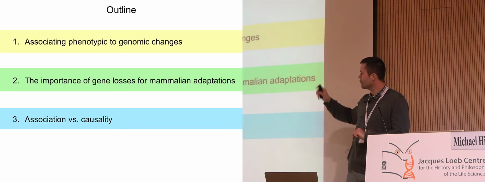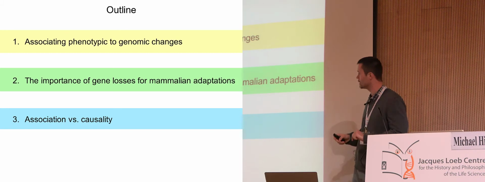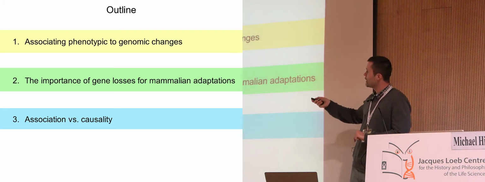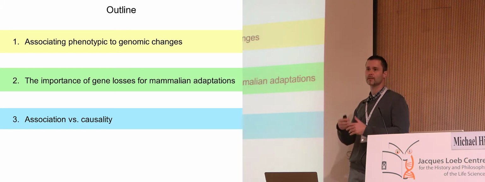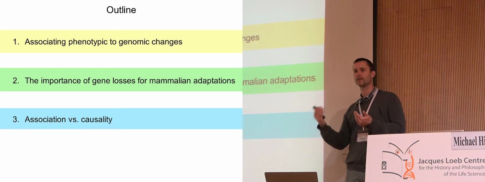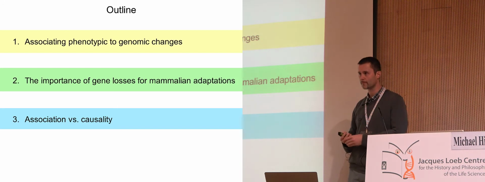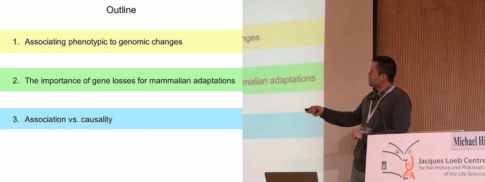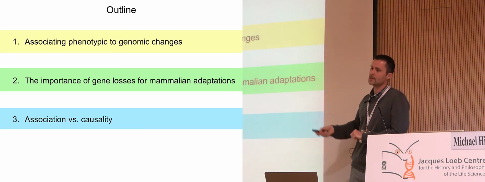Specifically, in the remaining 30 minutes, I would like to show you and also explain the methods that we're using to associate phenotypic to genomic differences at a very basic level.